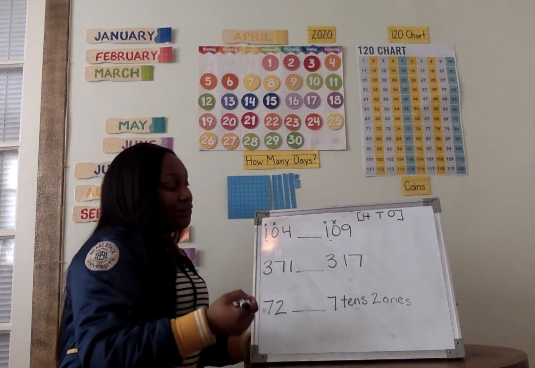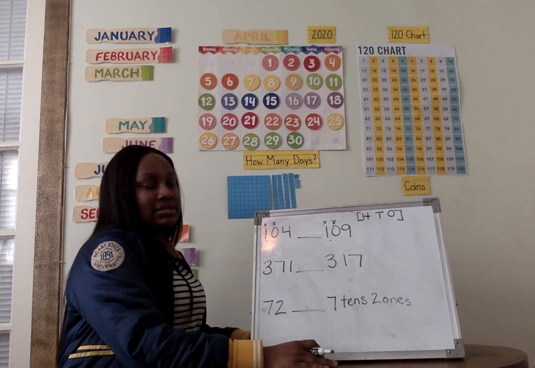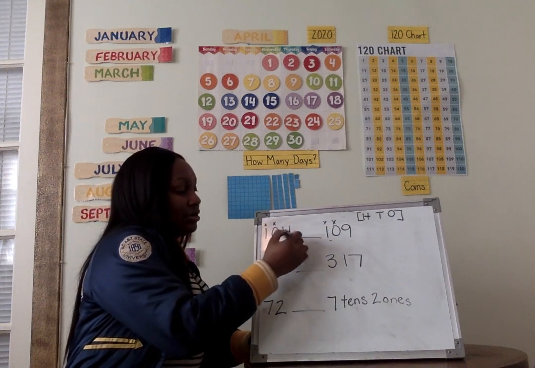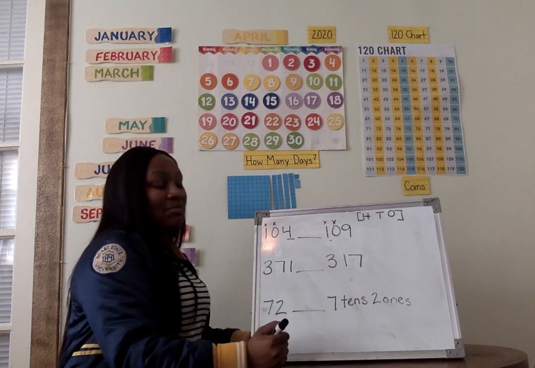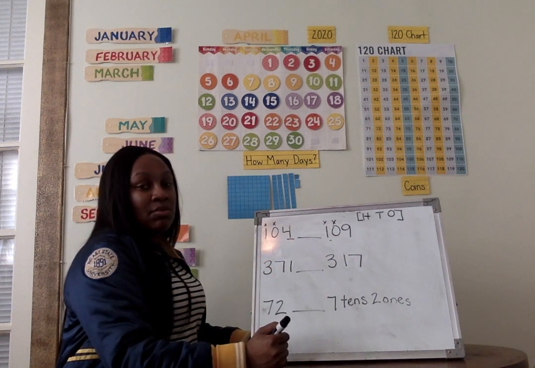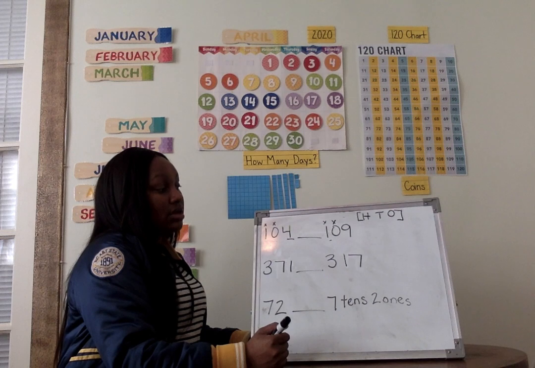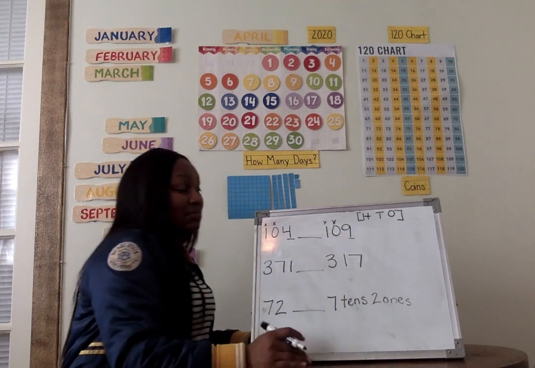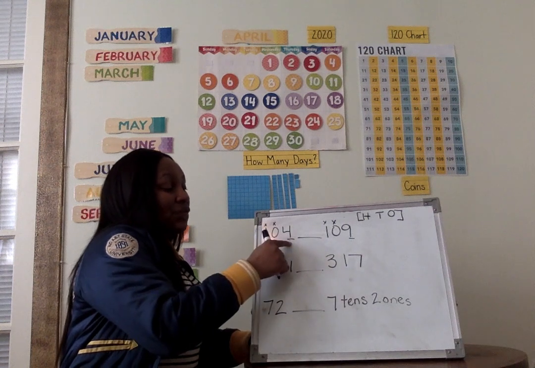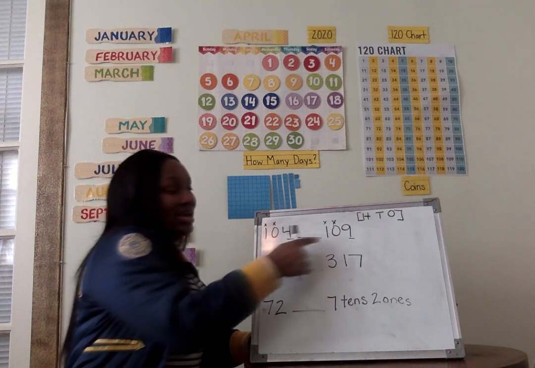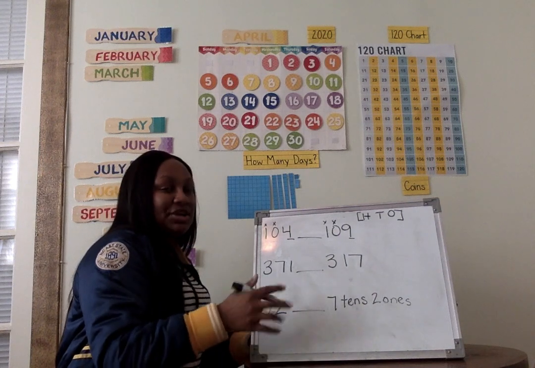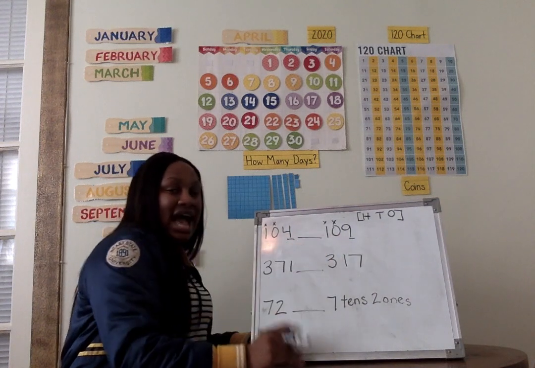In the number 104, what number is in the ones place? Right, there's a 4 in the ones place here. And what about the ones place in the number 109? Oh, that is different. There's a 9 in the ones place here. So if there's a 4 in the ones place in this number and a 9 in the ones place in that number, which number is bigger, 104 or 109?